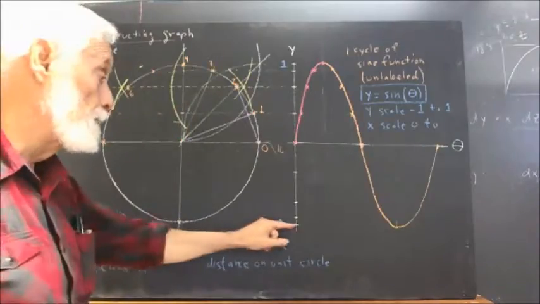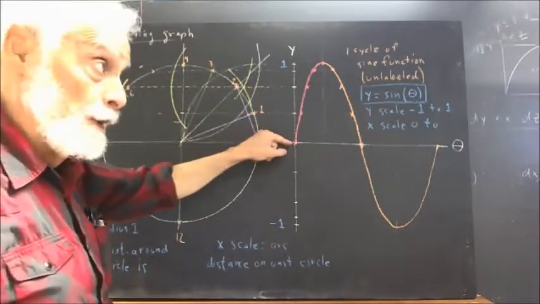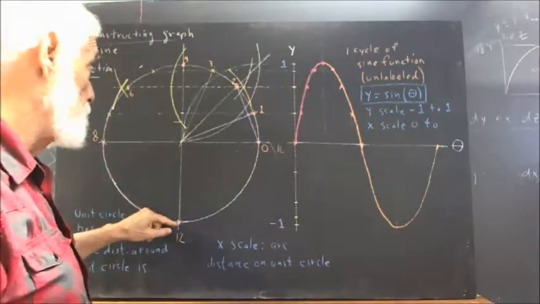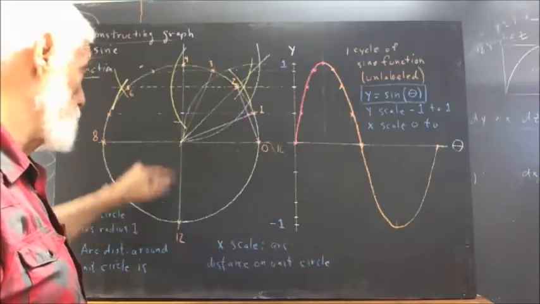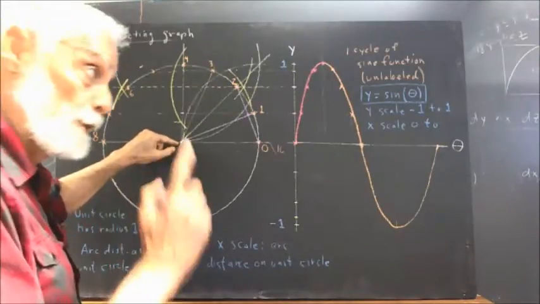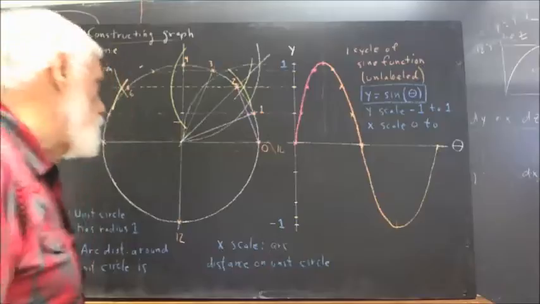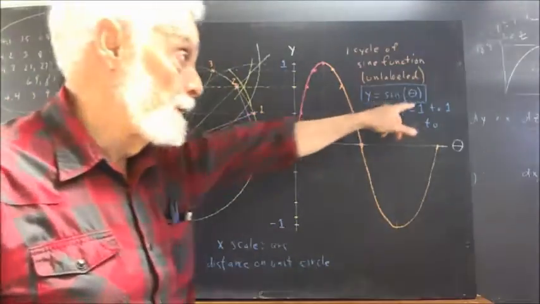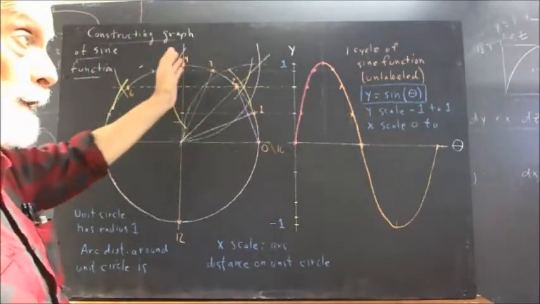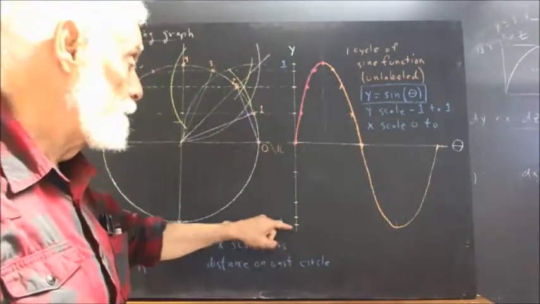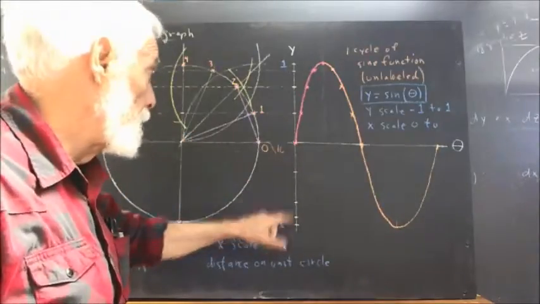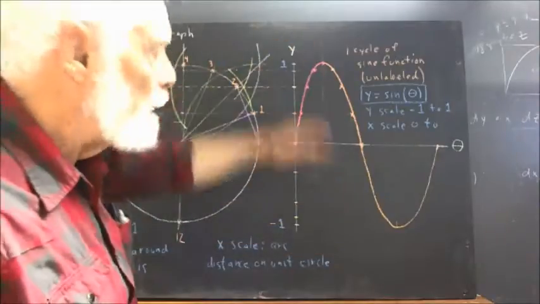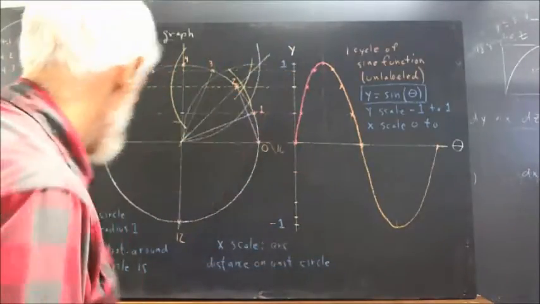If this point projects over to here and this point projects over to here, the distance from here to here is 1, has to be the same as the distance from here to here, and the distance from here to here is, by doggone, 1 radius of the circle. So for our mathematical sine function, the circle has radius 1, and the y-axis correspondingly is labeled from -1 to 1. And the values of the function go from -1 to 1.